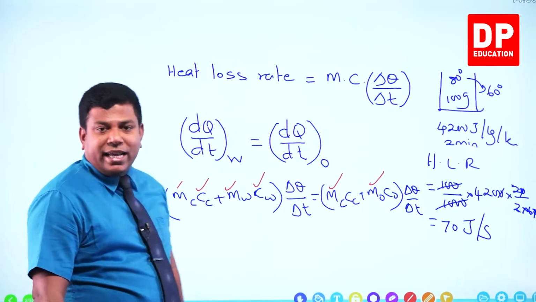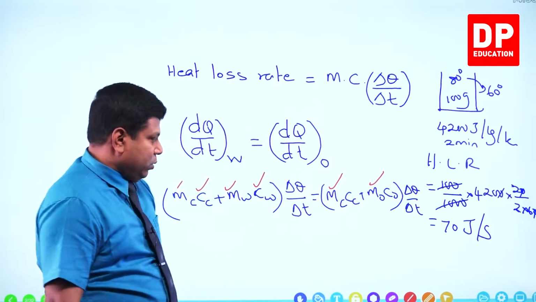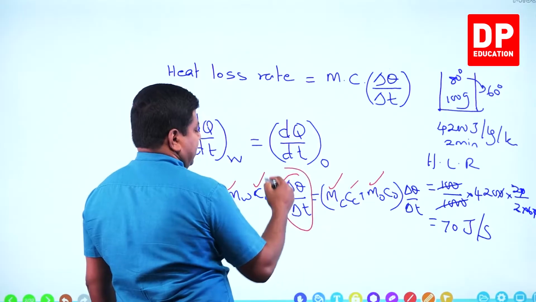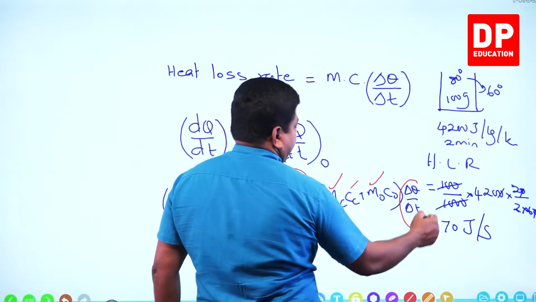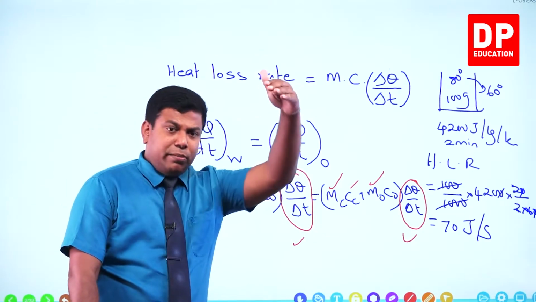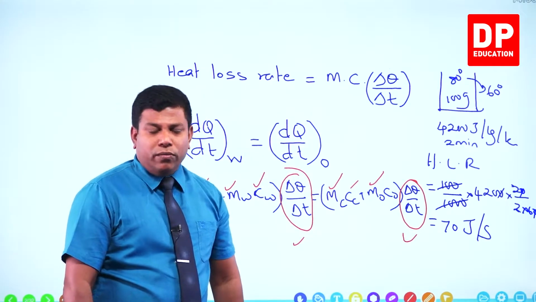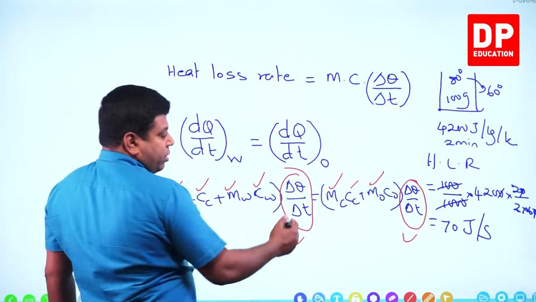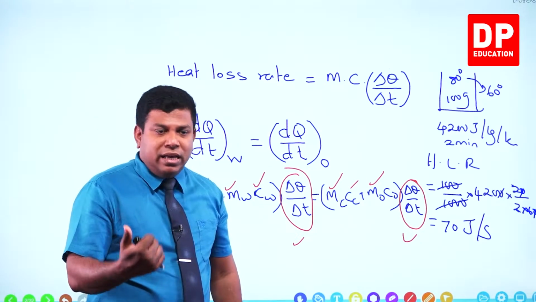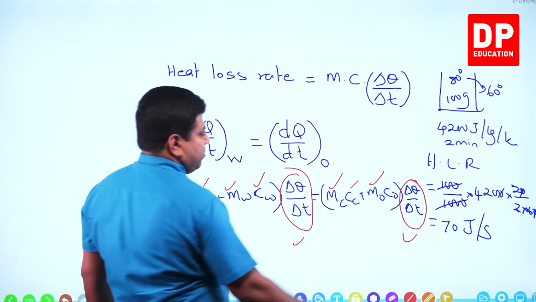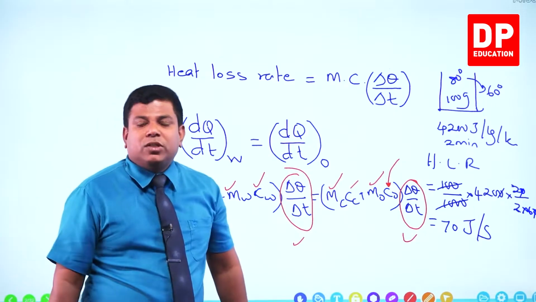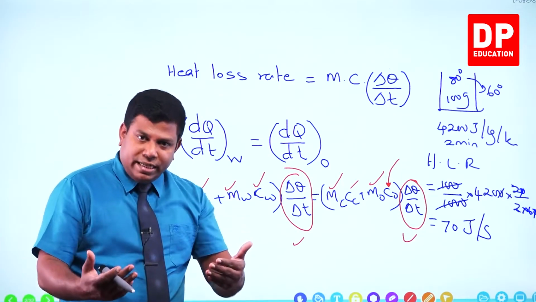Calorimeter specific heat capacity is 400, we know that it's copper. Delta theta we can get from the experimental procedures. When you do the experiment, you can find out from what temperature to what temperature it has gone down. Delta theta, delta t, you're going to start a stopwatch and find the time as well. Apply all these values. What is missing is Co, specific heat capacity of oil. We are going to find that.